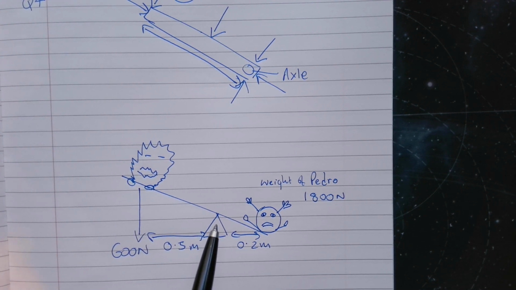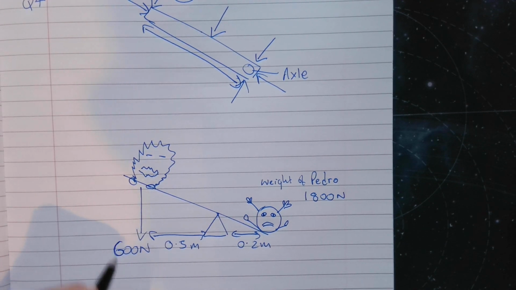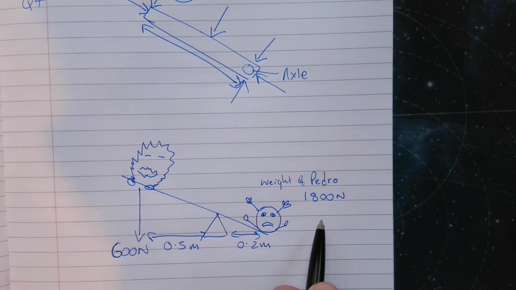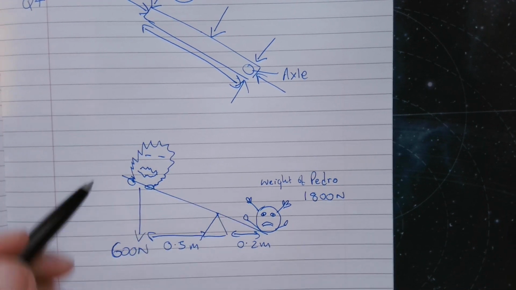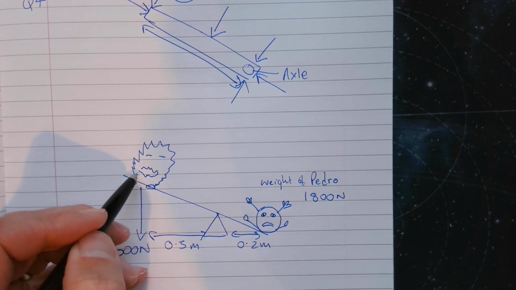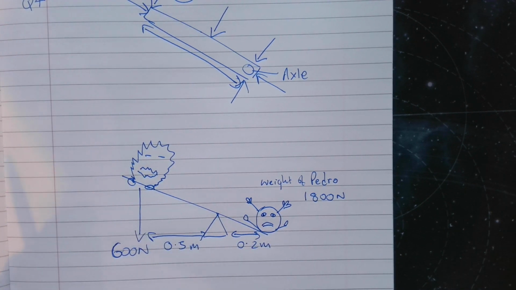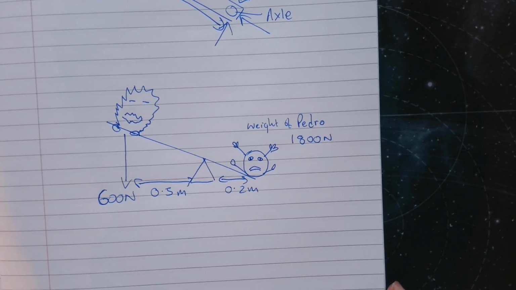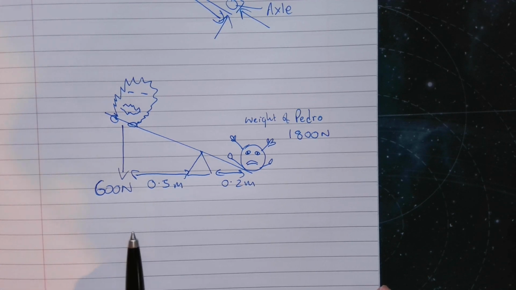The demon is producing a downward force of 600 newtons. Pedro weighs 1,800 newtons on this alien planet, wherever we are. It tells us that the demon cannot lift, so he may be looking smug with himself. Pedro may be looking a bit concerned, but the demon cannot lift Pedro. So, why can this demon not lift Pedro?